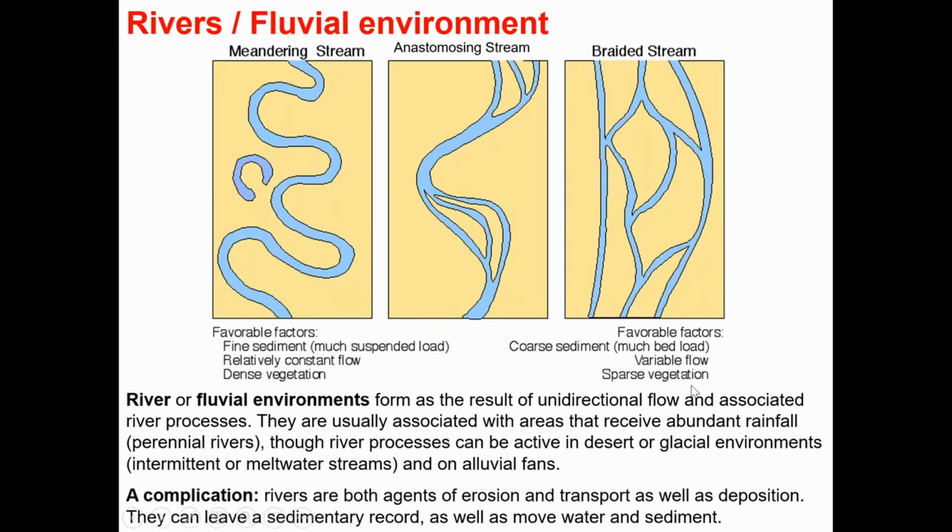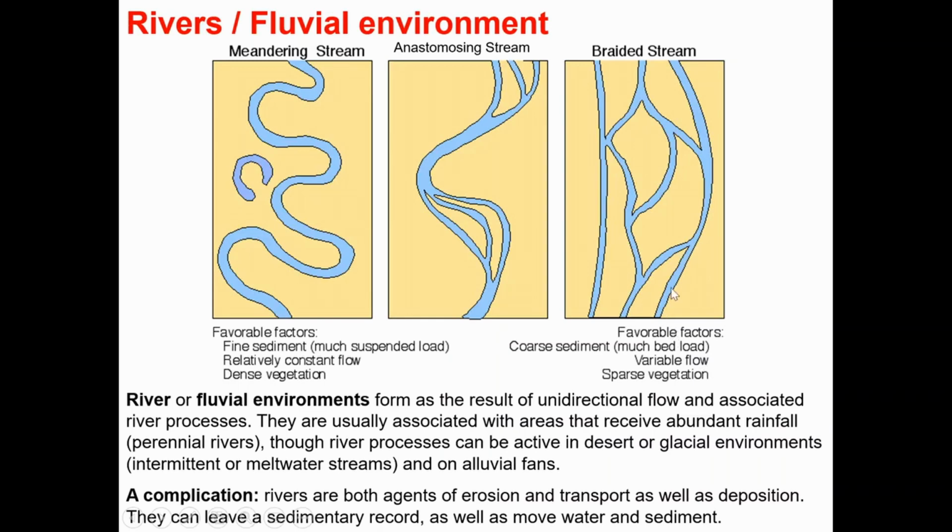On the other hand, braided river streams usually develop in steep slope landscapes, so it's near mountain areas. The flow velocity is relatively high, and the channel stability is very low, so rivers switch channels very often. The sediments are coarse, and the flow velocity can be variable, such as near the mountain.